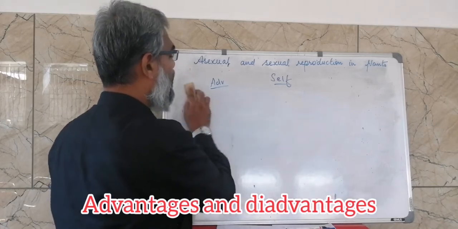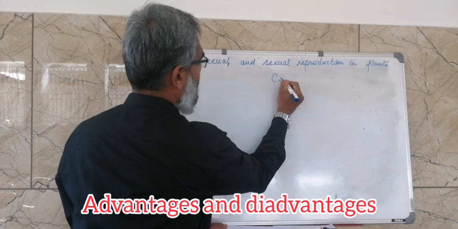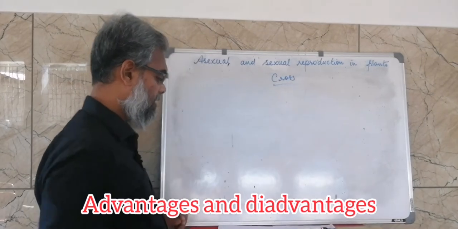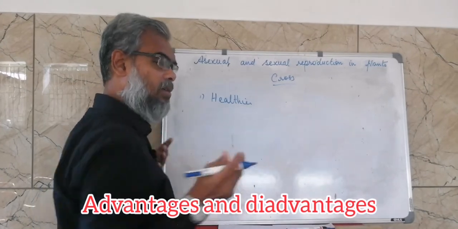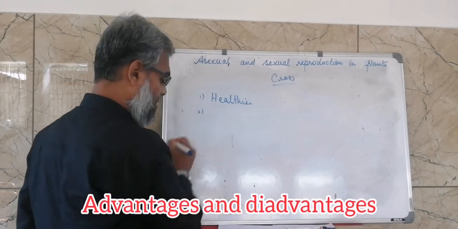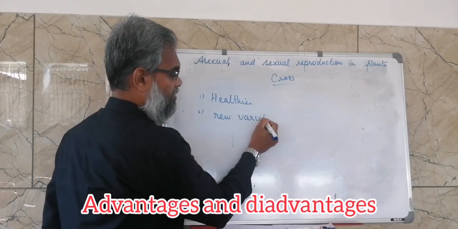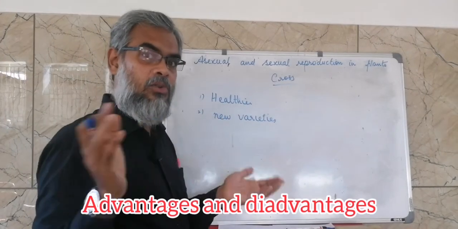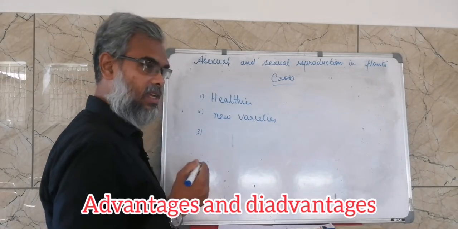So in cross pollination, healthier offspring is formed. And the second one, new varieties are formed, since it is crossing two flowers, isn't it? New varieties, variation is seen.